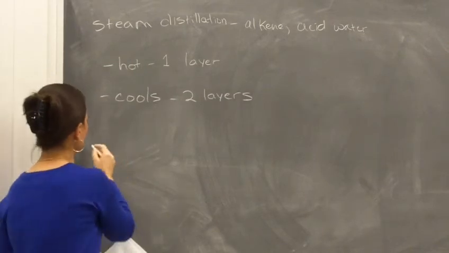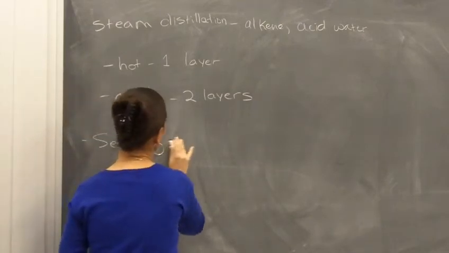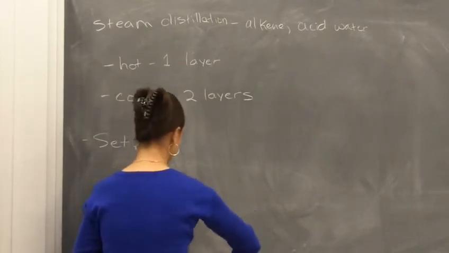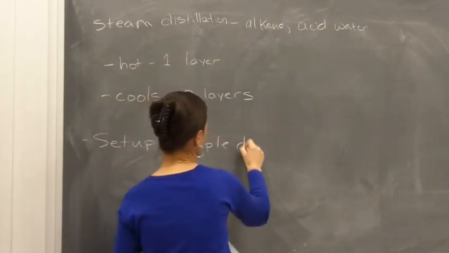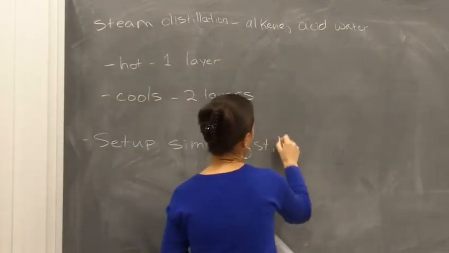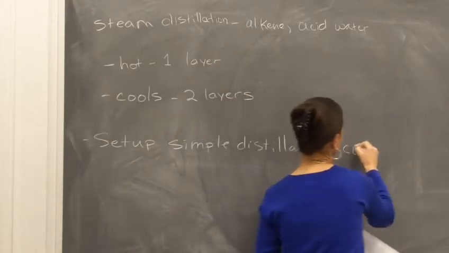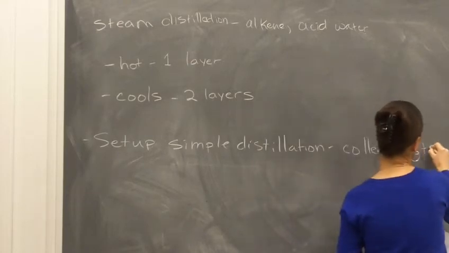And so what you're going to do is set up your simple distillation just as you have a number of times now. But you're going to collect the distillate in your 25 milliliter graduated cylinder.